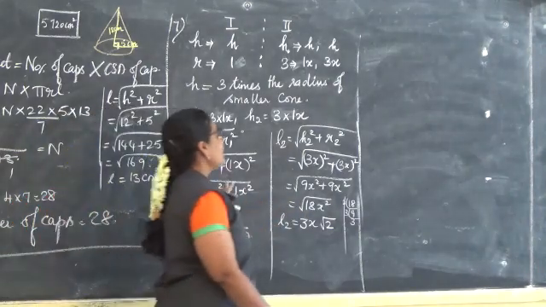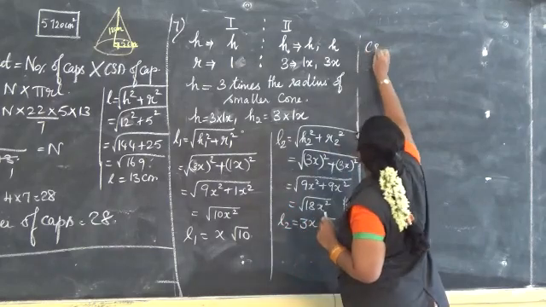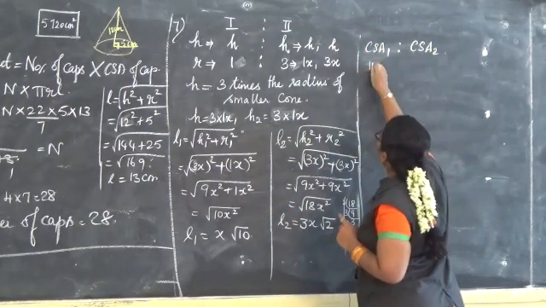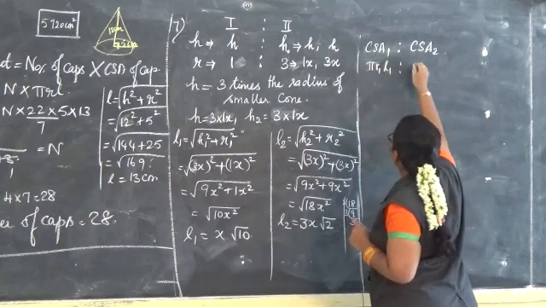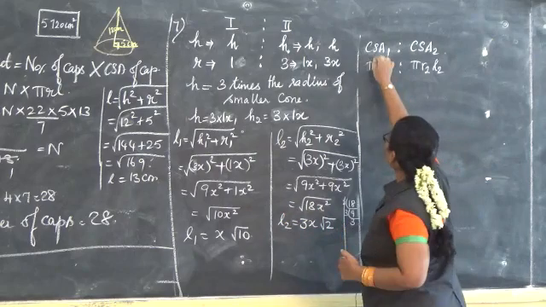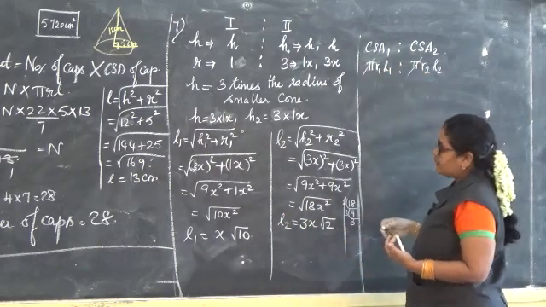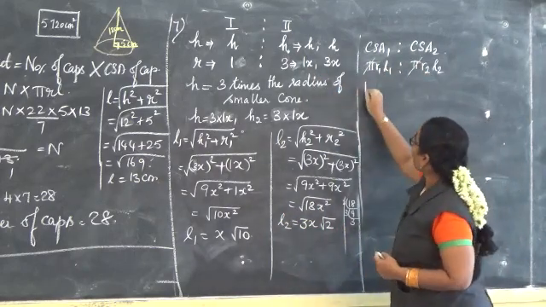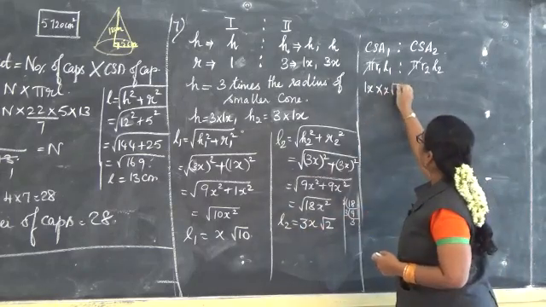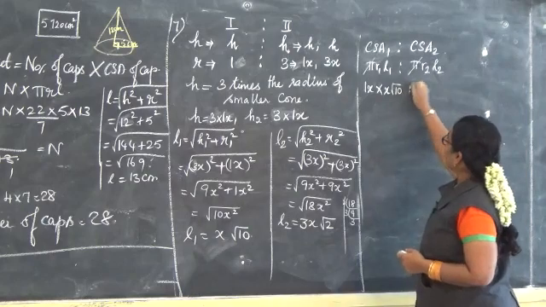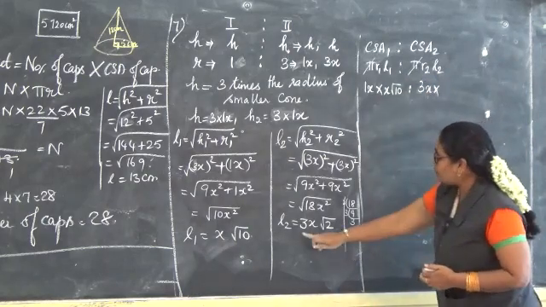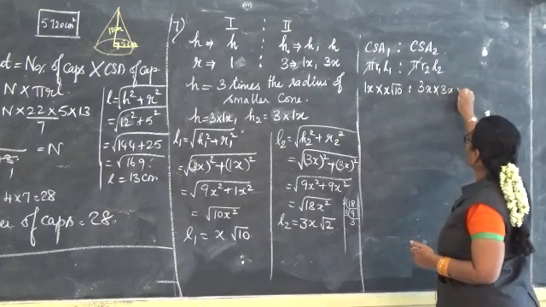Now we need to find CSA. So CSA 1 is to CSA 2. We need pi R1 L1 is to pi R2 L2. Since it is ratio, pi gets cancelled. What is your R1? 1x. What is your L1? x into root 10. Then ratio. What is your R2? 3x. What is your L2? 3x root 2.